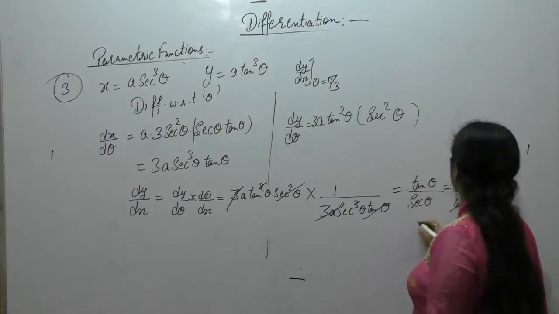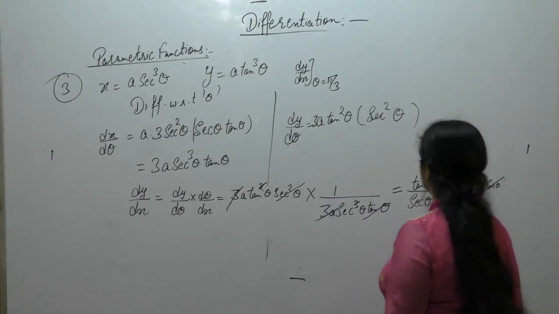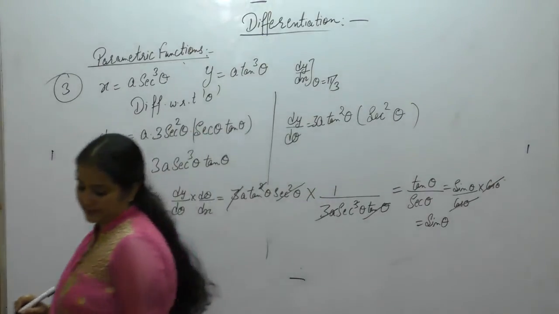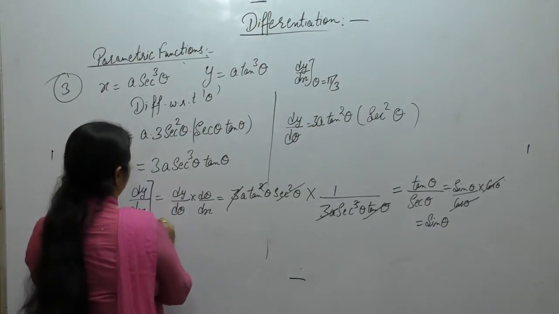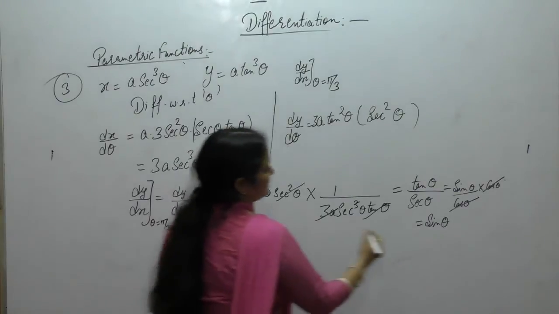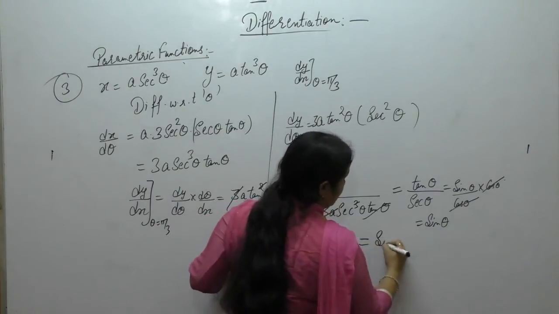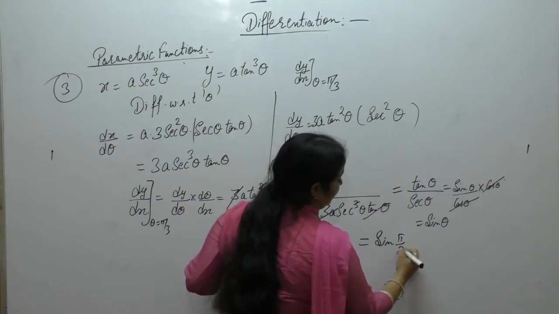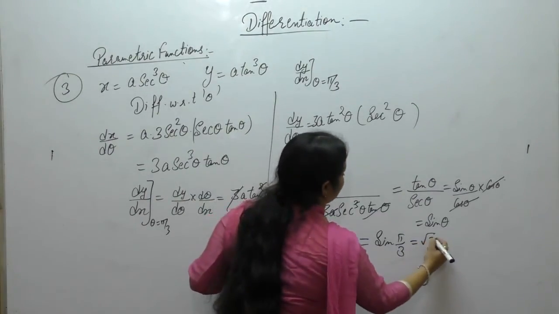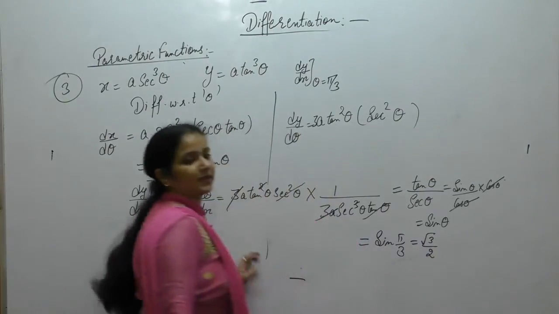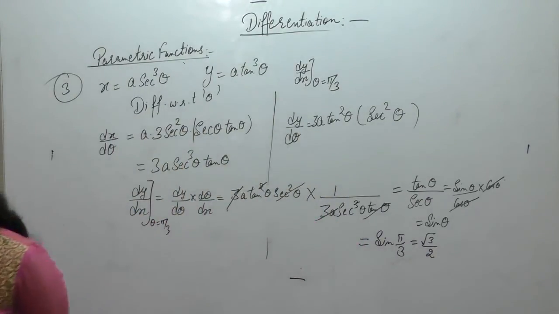Clear? So we are left with sine of theta. dy upon dx at theta is equal to pi by 3. So instead of theta, we will put the value as pi by 3. Sin pi by 3 is root 3 by 2.